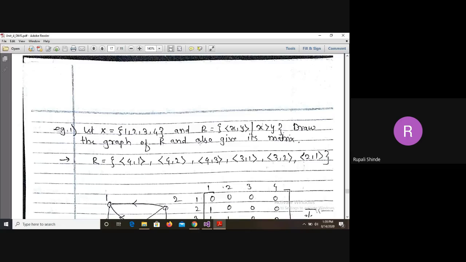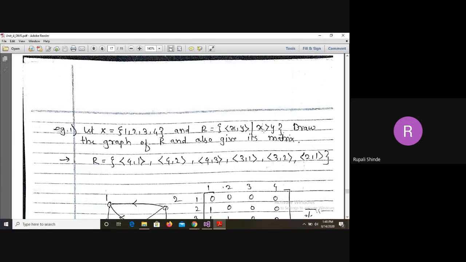Now, from this X, we have to find such ordered pairs where the first element is greater than the second element. So we can define relation R as the set of ordered pairs like (4, 1). Why have we taken (4, 1)? Because 4 is greater than 1, so the condition is satisfied.